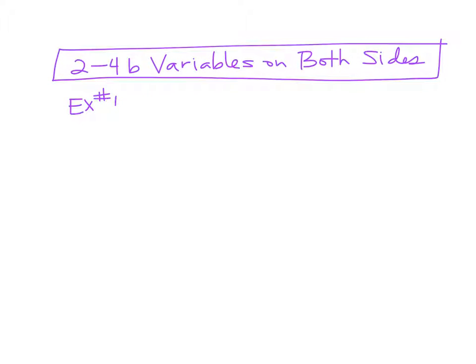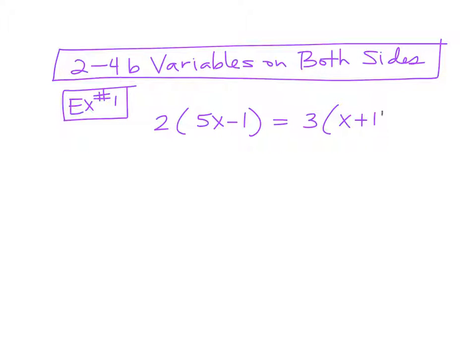So this first one, let's say we have this set up. Okay, so here's our problem. What do you think the first thing you should do in this problem is? Right. Can you give me a word for what?